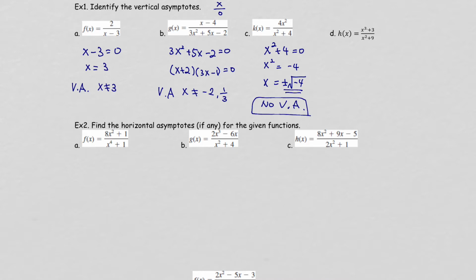It's an imaginary number, right? So what about the fourth one? Let's try that also. Subtract 9 from both sides. And you will see that when you use the square root property again, you get the square root of a negative, which is, again, no vertical asymptotes.